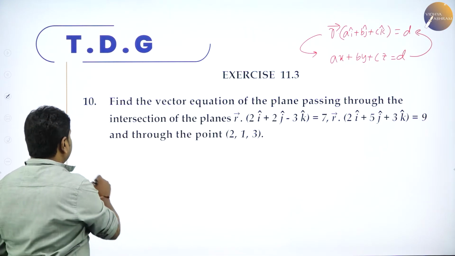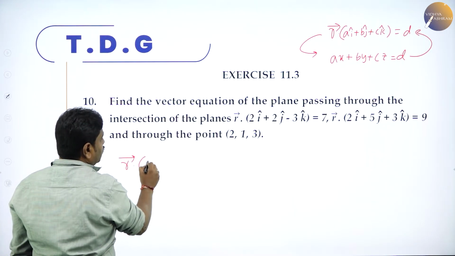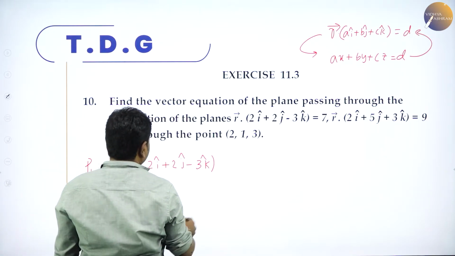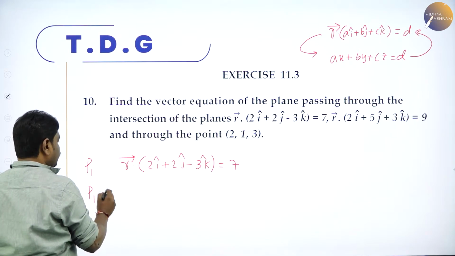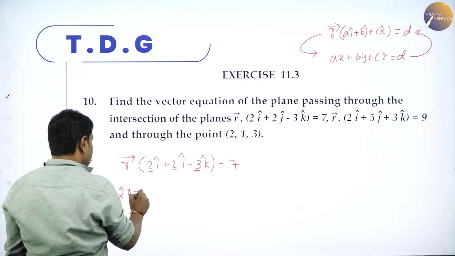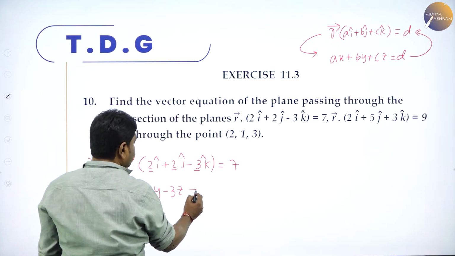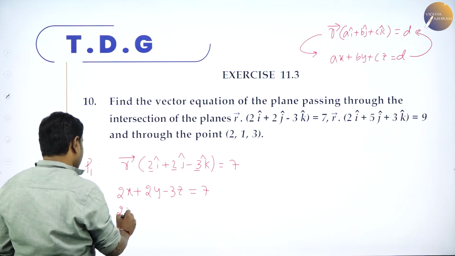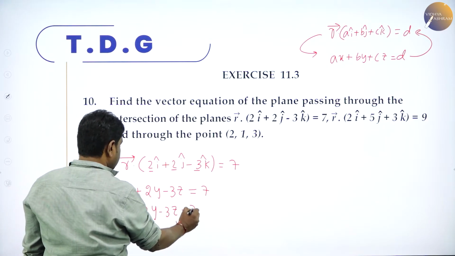Because we know the technique to solve the problem in Cartesian form, better to solve it in Cartesian form. So plane 1, what is plane 1 they give? Vector r dot (2i cap plus 2j cap minus 3k cap) is equal to 7. So what is the Cartesian form of P1? 2x plus 2y minus 3z is equal to 7. Bring it to LHS, so it becomes 2x plus 2y minus 3z minus 7 equal to 0.